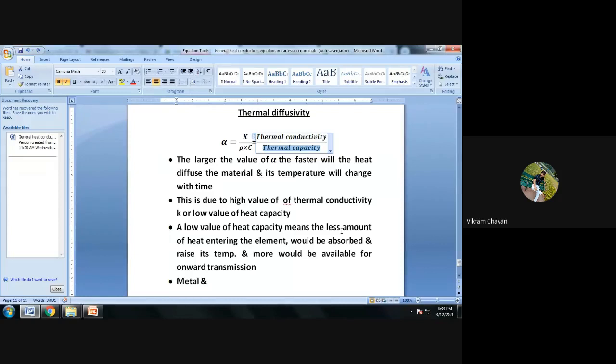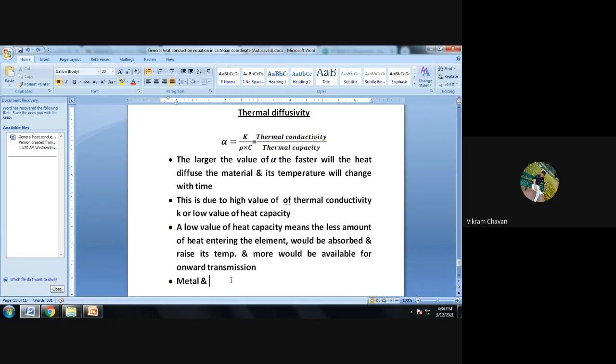Okay, getting my point now. Metals and gases have a relatively high value of this particular thermal diffusivity. What it means, metals and gases have higher thermal diffusivity value, and this will respond more quickly for the temperature change, or we can say that more rapidly the response will be given by gases or metals for the temperature change.